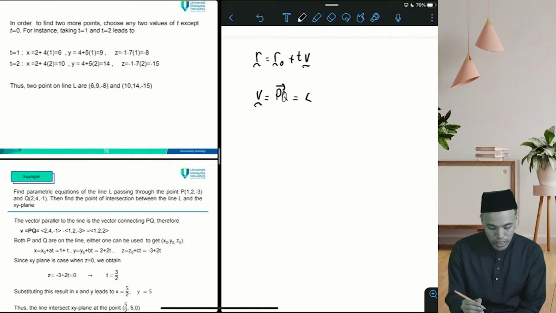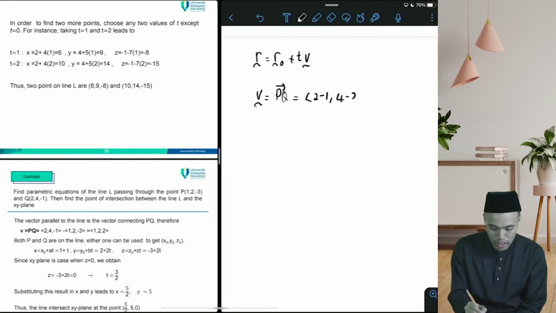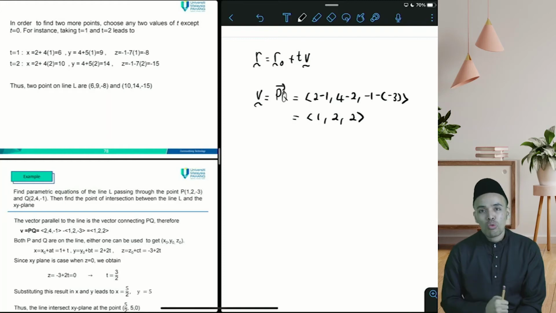So I will get 2 minus 1, 4 minus 2, and -1 minus -3. So I will get 1, 2, and 2. These are the components of vector PQ, which is our parallel vector v.